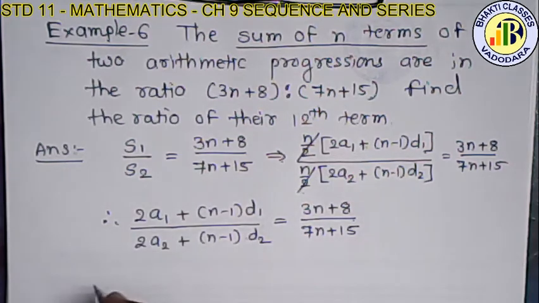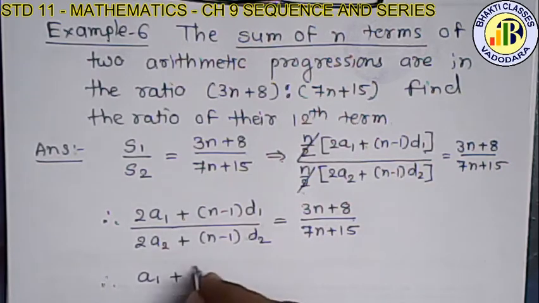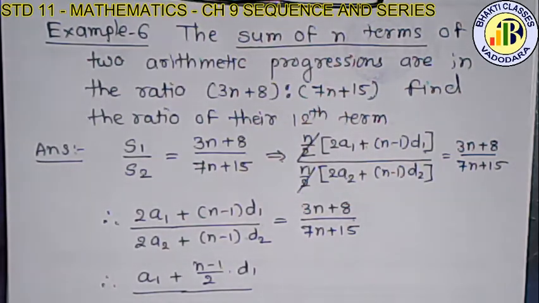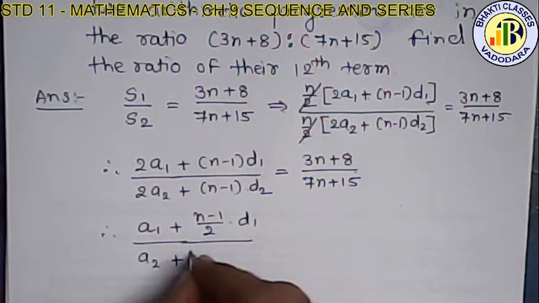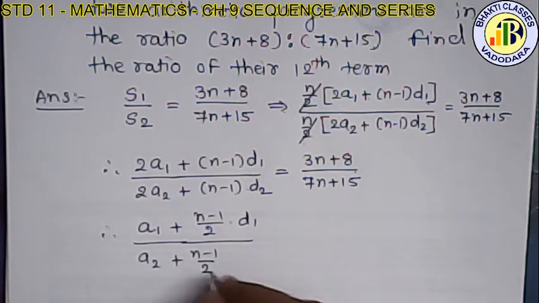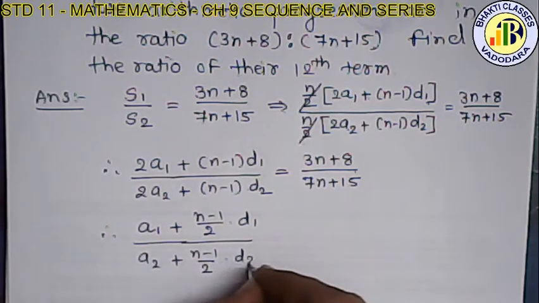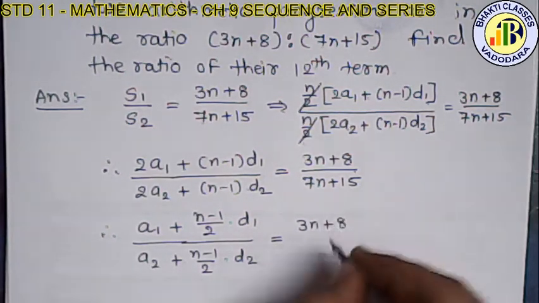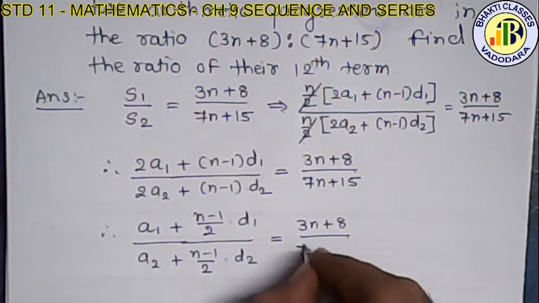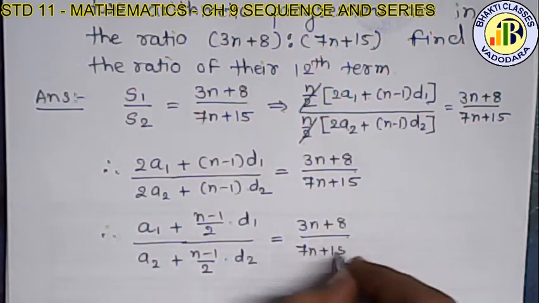If I take 2 common from here, I will have a1 plus (n minus 1) by 2 into d1 upon a2 plus (n minus 1) by 2 into d2 is equal to (3n plus 8) upon (7n plus 15).